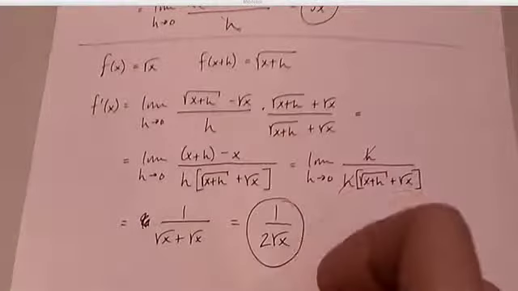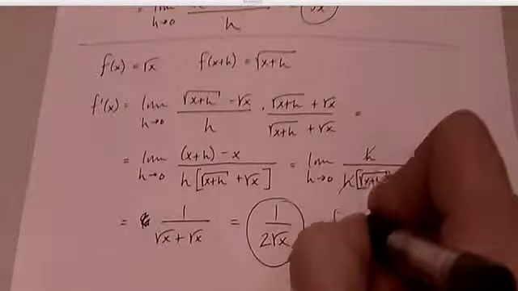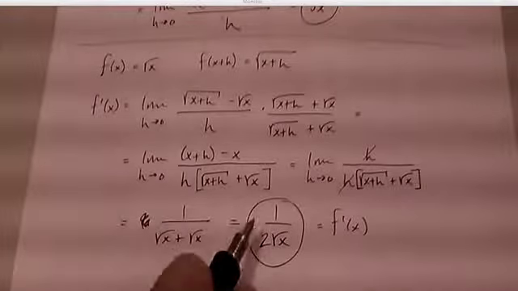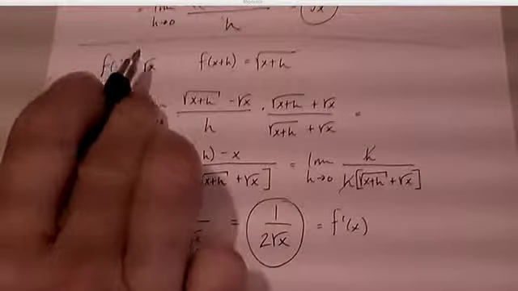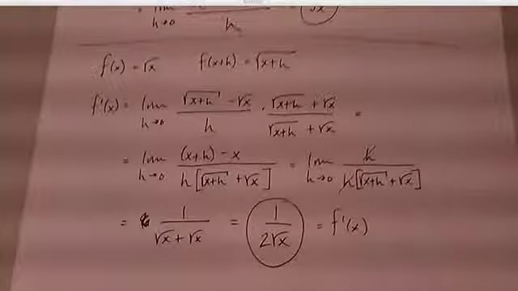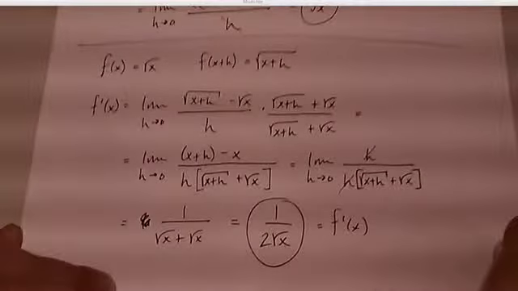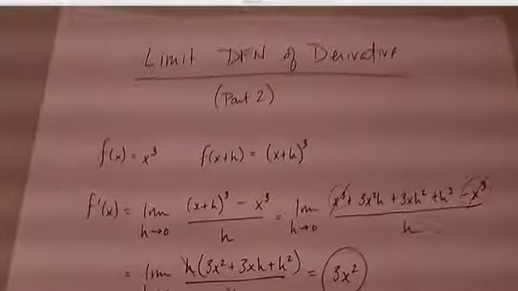Remember, because all these equal signs mean that that's f prime. That's the derivative of f of x. This will describe the slope of that at any value of x. Okay? So that was, the first example was multiplying it all out in order to simplify and evaluate the limit. The second one was multiplying by the conjugate.